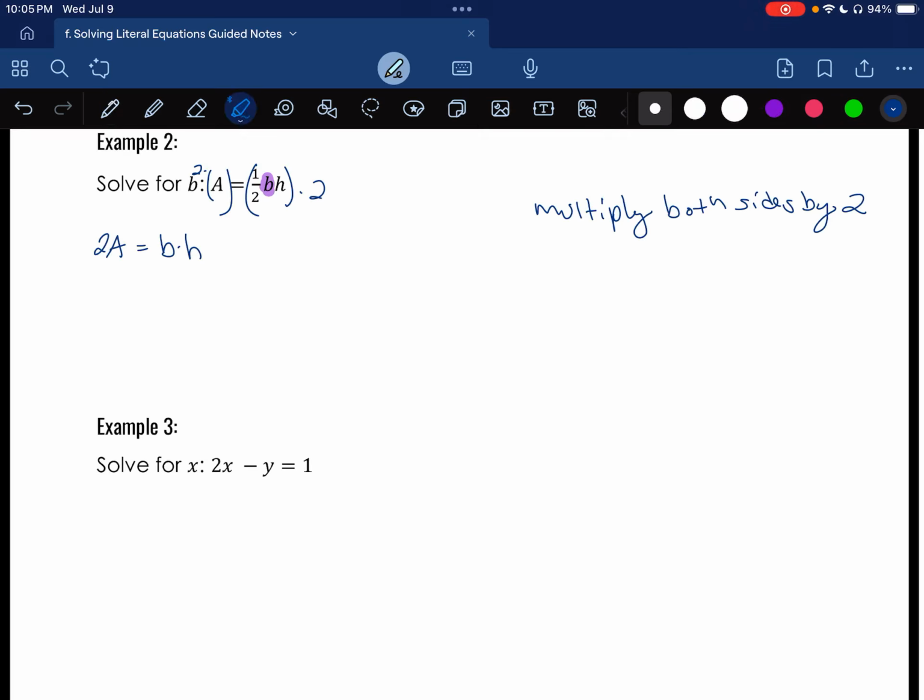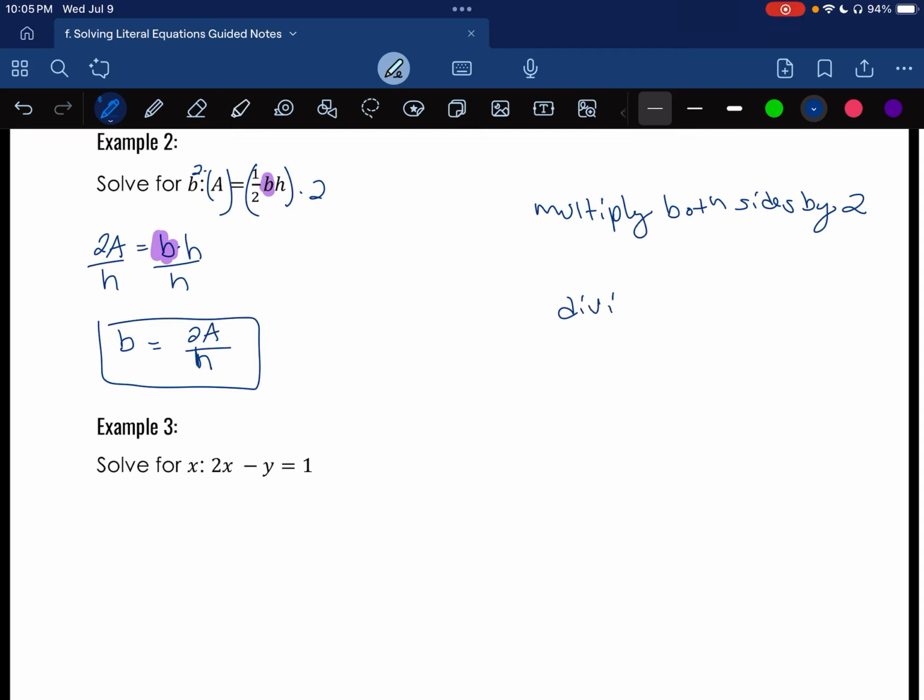Right now it's being multiplied by h. So we will divide both sides by h. And we'll end up with b is equal to 2a over h. So again, that last step was we had to divide both sides by h to get rid of that multiplying by h.